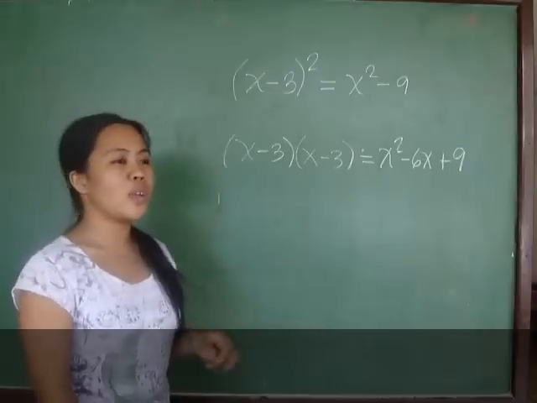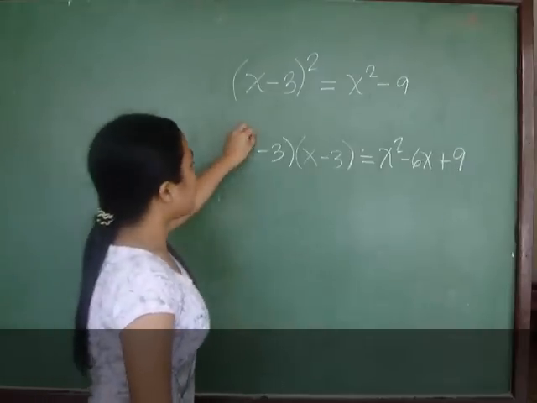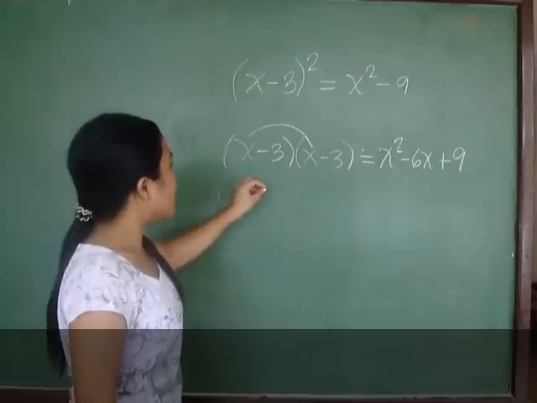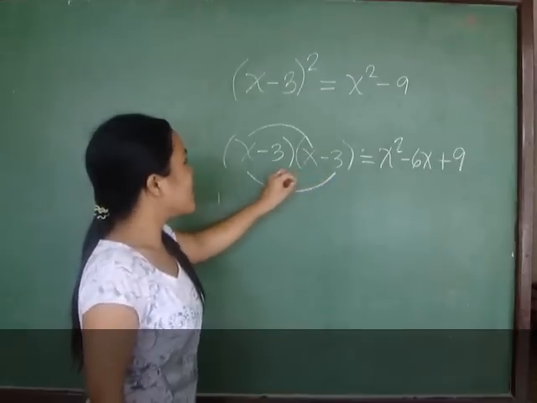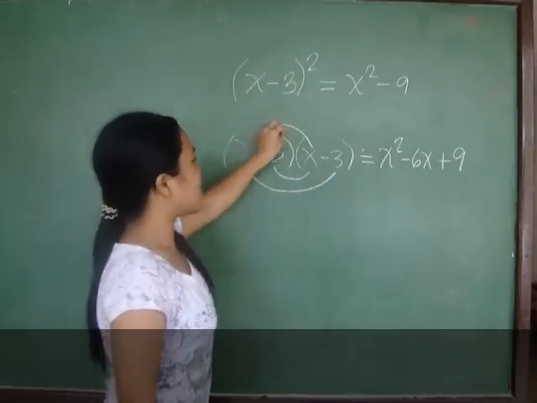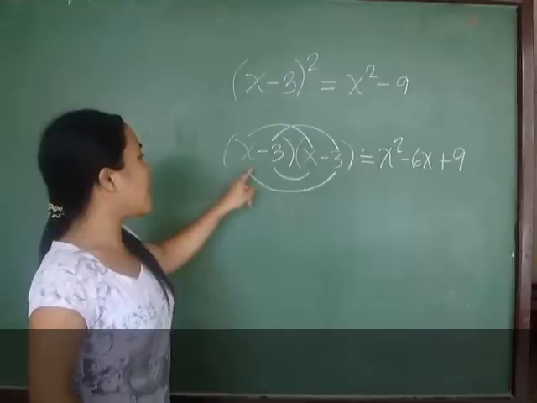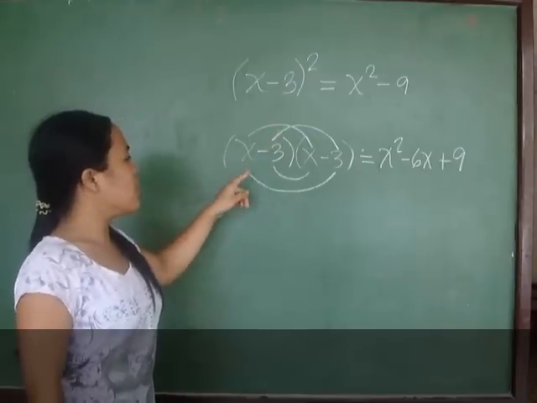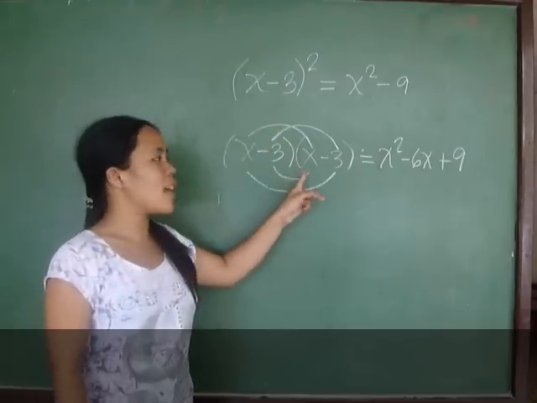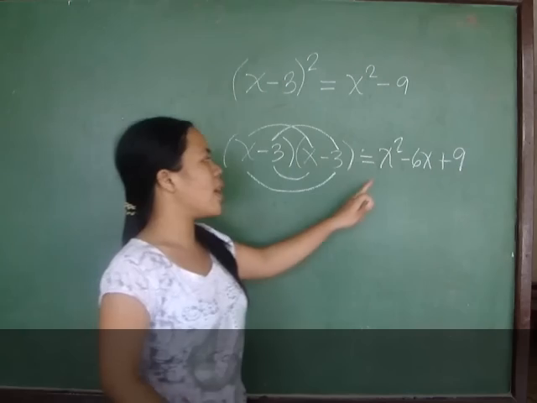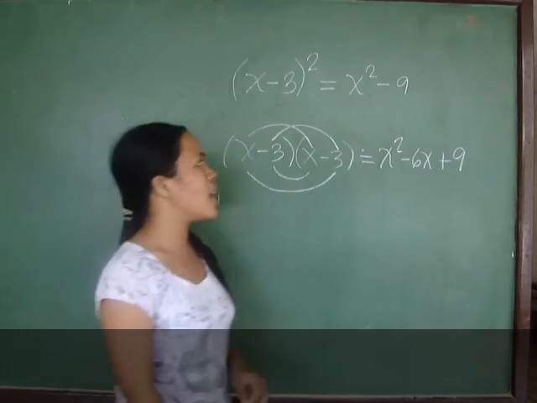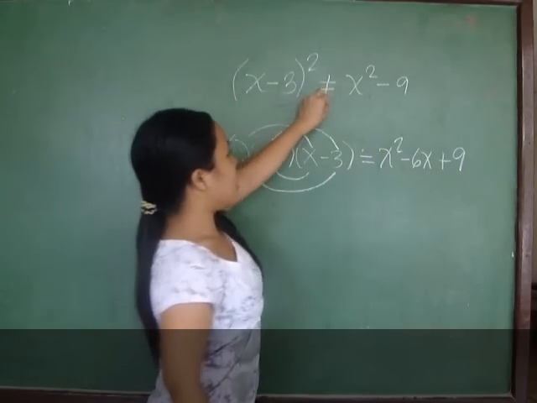So don't forget your FOIL method. First, multiply the first terms, the outer terms, the inner terms, and the last terms. So x minus 3 squared is equal to x minus 3 times x minus 3, which is equal to x squared minus 6x plus 9.